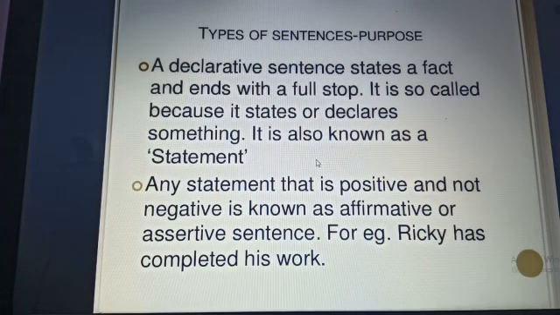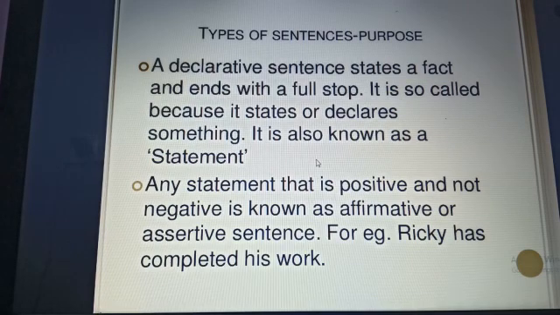It is so called because it states or declares something, and that's why it is known as a statement as well. And a statement which is positive and not negative is also known as an affirmative or assertive sentence. So a declarative sentence is of two types: positive sentences and negative sentences.